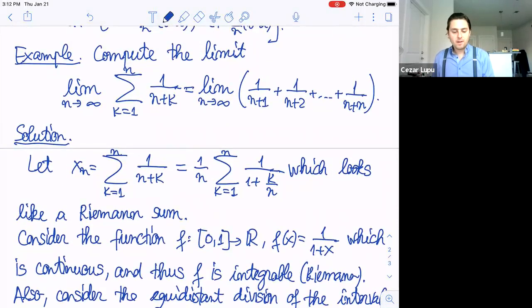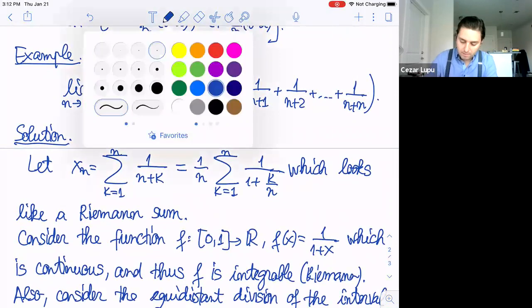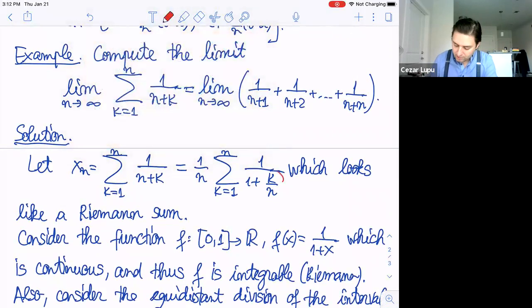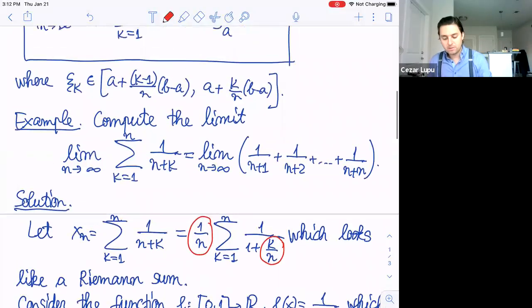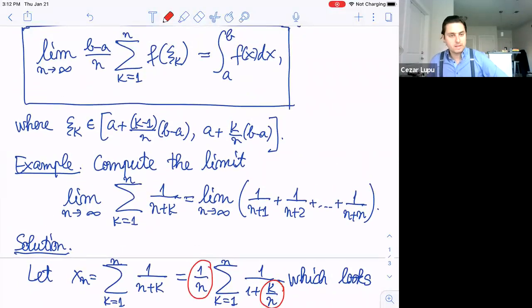So that's a way to compute limits using Riemann sums. And pay attention, you need to make them look something like this. As you can see here, k over n, and you need to come up with 1 over n in front of it, or maybe 2 over n, some constant, because usually in the Riemann sums we have b minus a over n, where b minus a is the length of the interval.